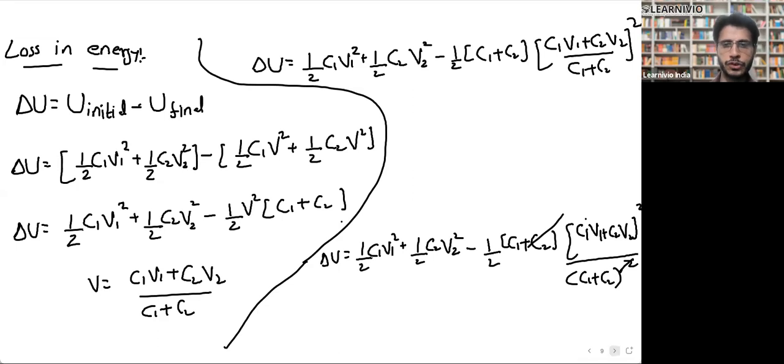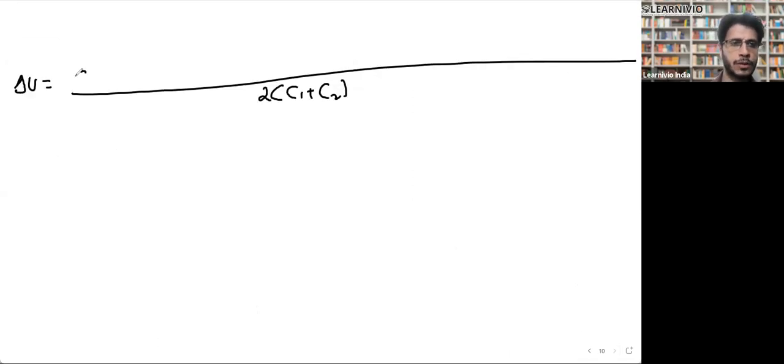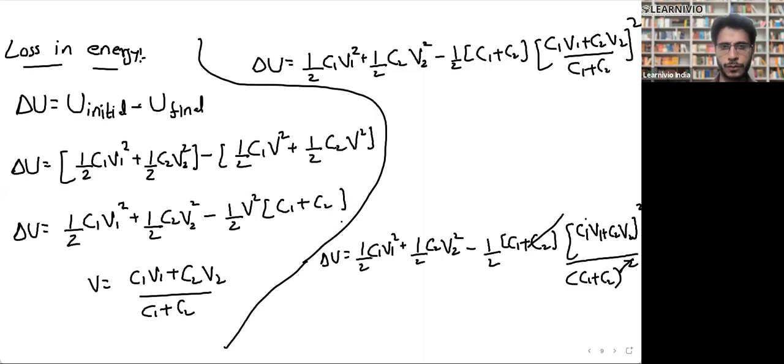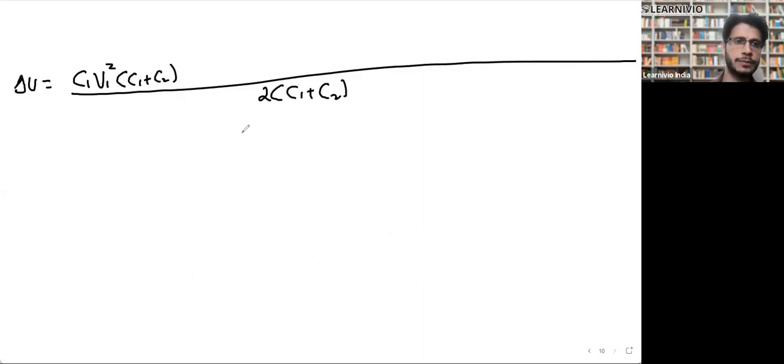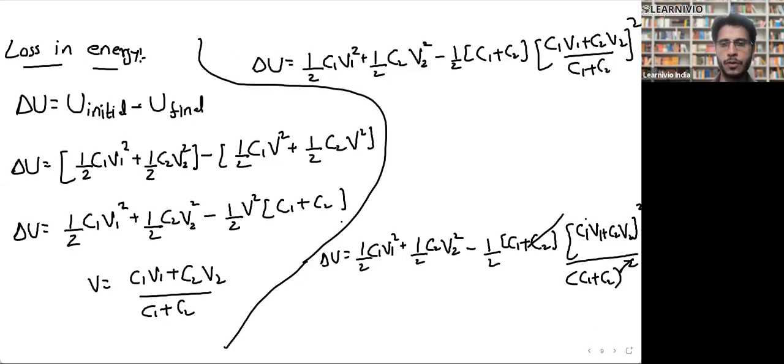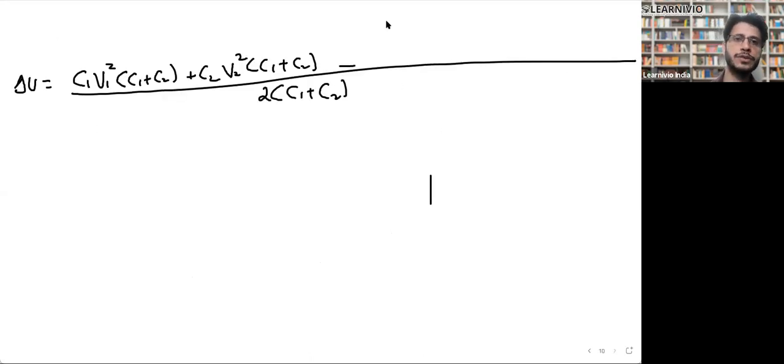This is C1 V1 square into C1 plus C2, plus C2 V2 square into C1 plus C2, minus C1 V1 plus C2 V2 whole square.